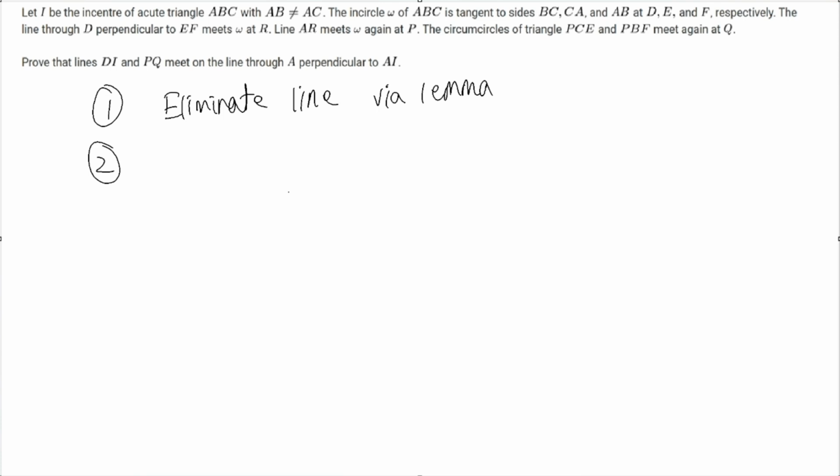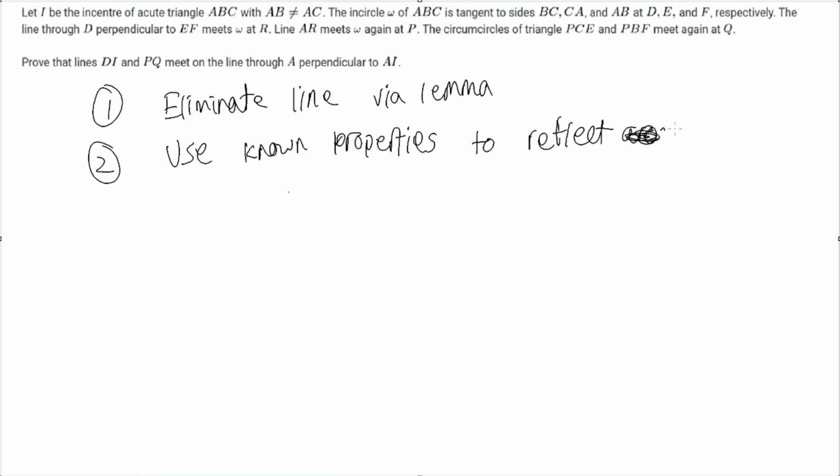And with that, we have used known properties, like properties you might already know if you do a lot of geometry, to reflect across AI. In other words, we get a key step.